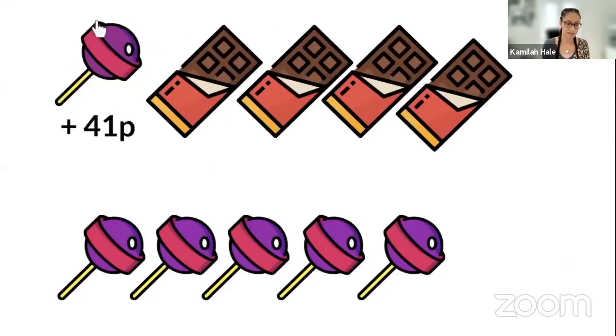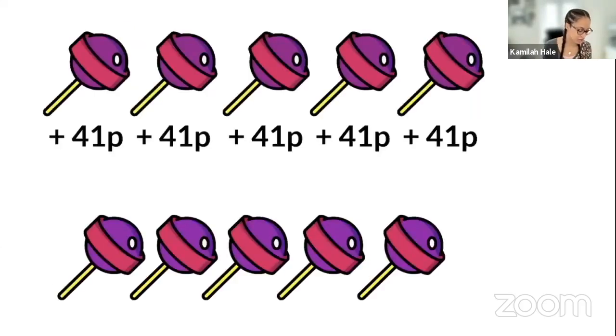So this has the same value as the chocolate bar that was there before. So if I now replace all of them, good, I've got a correct answer from someone there. If I replace all of those chocolate bars and I leave the original lollipops as they were, you can see each one is worth 41p more. So all we have to do is 41 times 5 to figure out what all of that is.